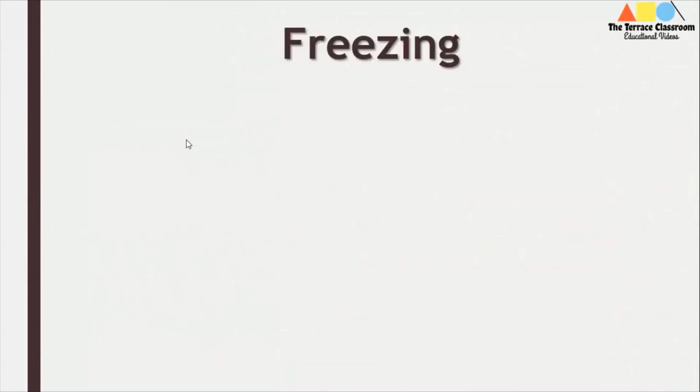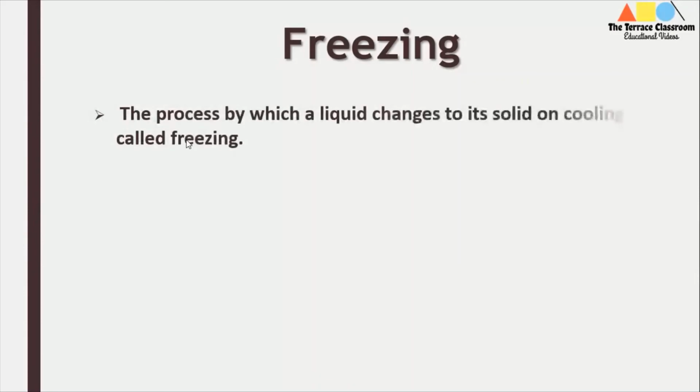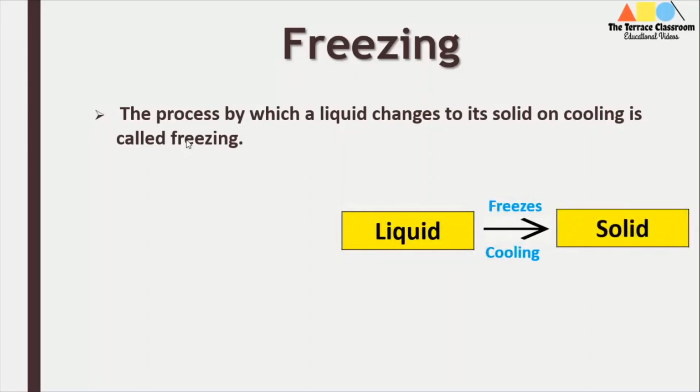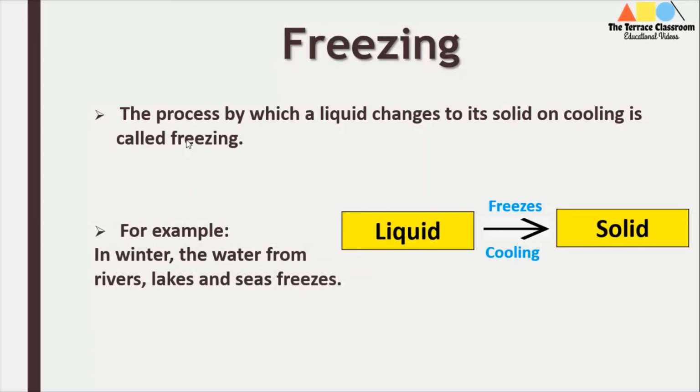Lastly, we will delve into what is freezing. So, the process by which a liquid changes into its solid on cooling is called freezing. For example, in winter, the water from rivers, lakes, and seas freezes.